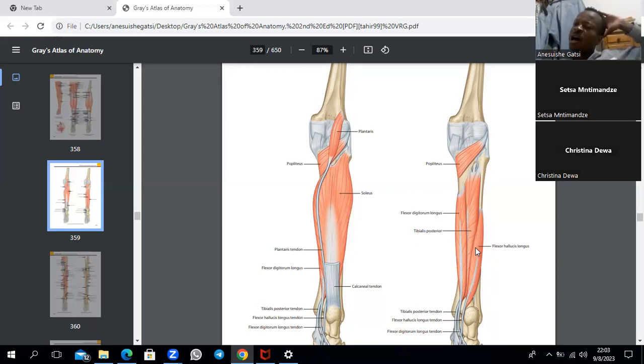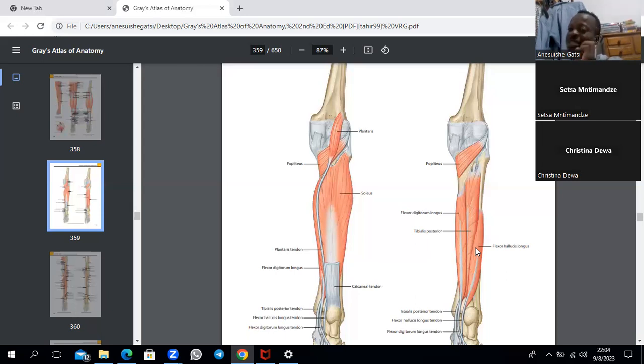So now, how do I remember these muscles? I think about how I've described anterior and I relate. What is different? If I had a tibialis anterior, how different is tibialis posterior? For example, tibialis anterior was originating from tibia and interosseous membrane. Tibialis posterior, on top of the two origins of the anterior, also originates from the fibula.